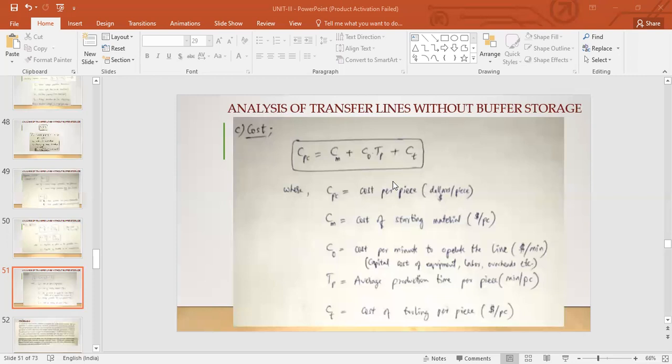You go down to per minute and you see how much the capital cost of the equipment is, how that equipment cost is affecting. For example, it is maybe $2 per minute, based on the equipment cost. So that and labor and overheads, all of that will be counted. So this C0 will be a combination of all of this. It will give you the dollars per minute.